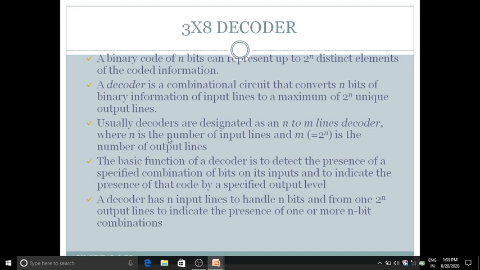So it is detecting what code is present at its input lines.